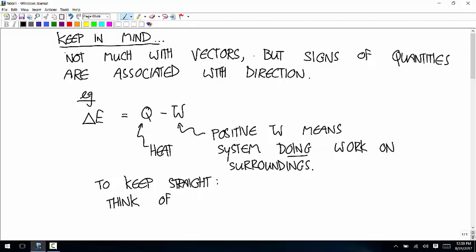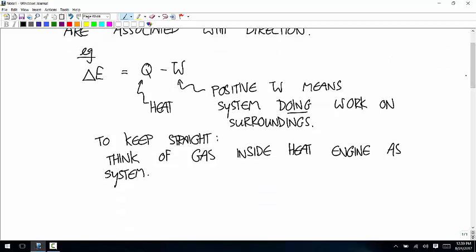Or let's think of the gas inside a heat engine. Think of that as the system. The idea is that you add energy to the gas by lighting a fire under it, or increasing the temperature of the gas.